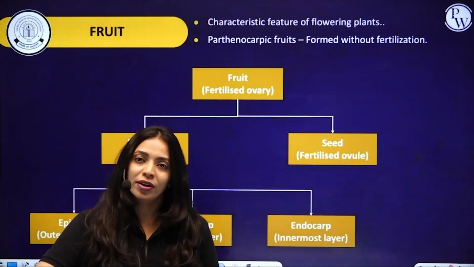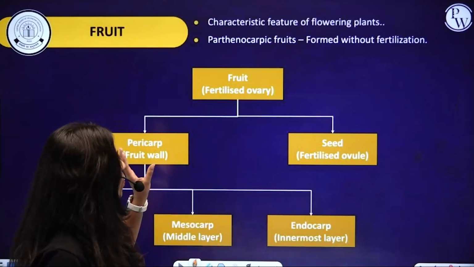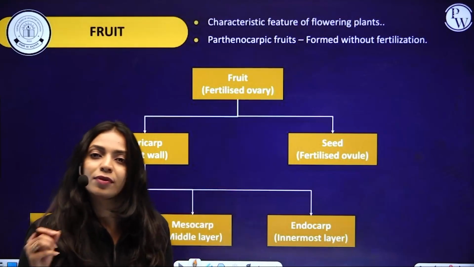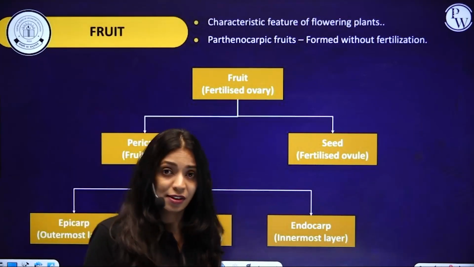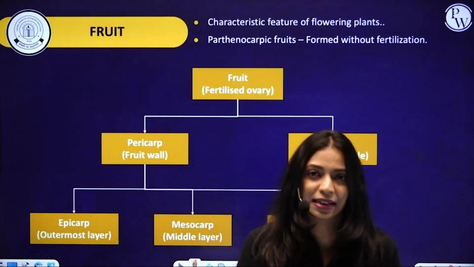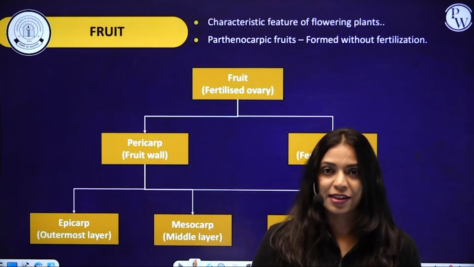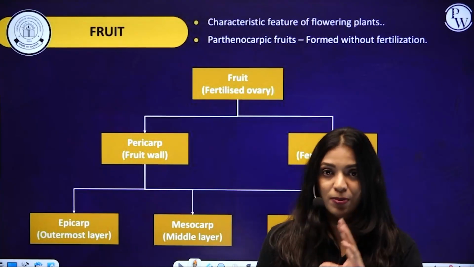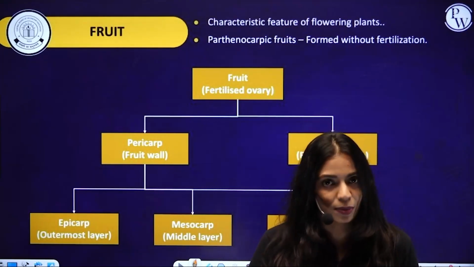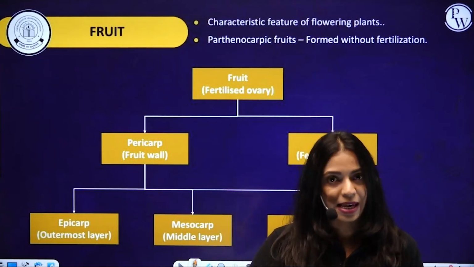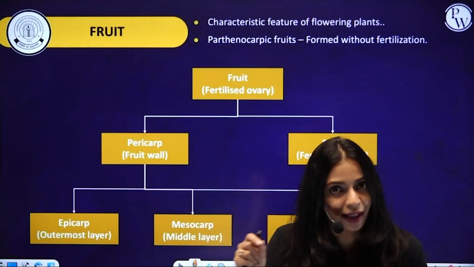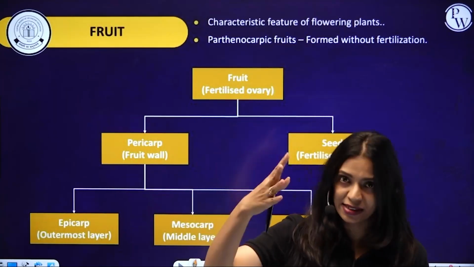Now let's move on to fruits. What is fruit basically? Fruit is also a characteristic feature of angiosperms like flower. In a flower you have the androecium and the gynoecium. Androecium will have stamen. Stamen will have anther. Anther will produce the pollen grains and release them.